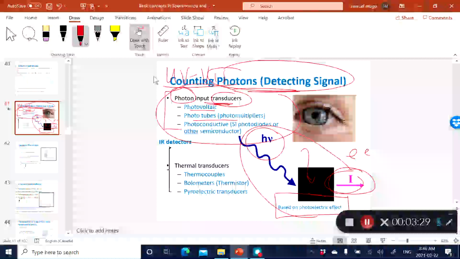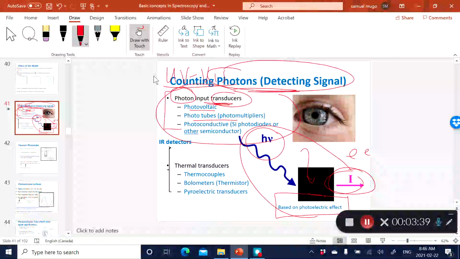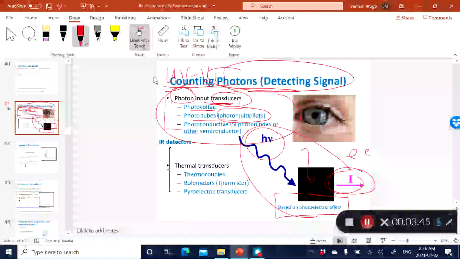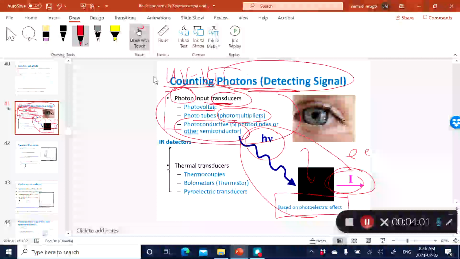And if you multiplex phototubes, that is, you add many phototubes together, you refer to that as a photomultiplier type of detector. Now, the other type of photon input transducer is what you refer to as the photodiodes or the photoconductive materials, which we're going to talk about. Now, those are for the UV-Vis detectors.